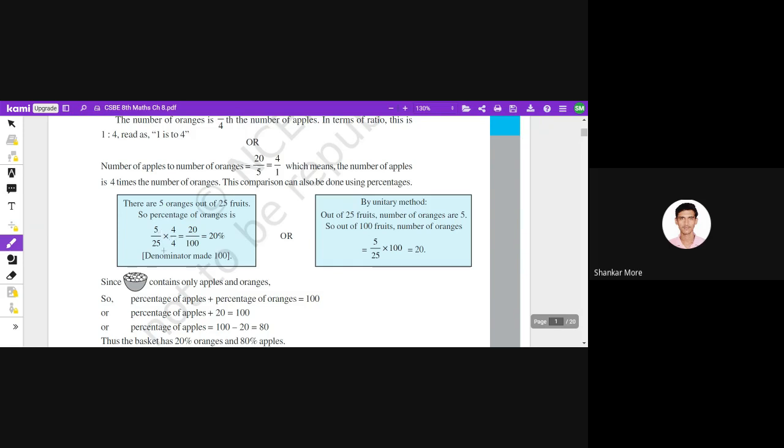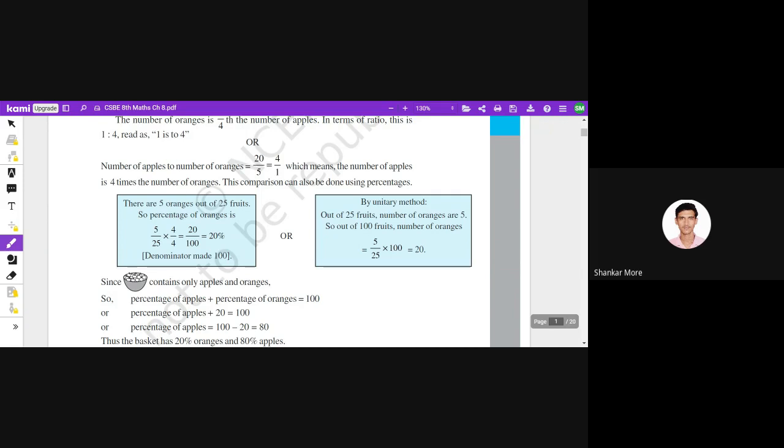So 5 by 25, we multiply by 4 by 4, which will give us 20 by 100. Now if 100 is in the denominator, that means the numerator will show the percentage. So oranges are 20% of all the fruits.